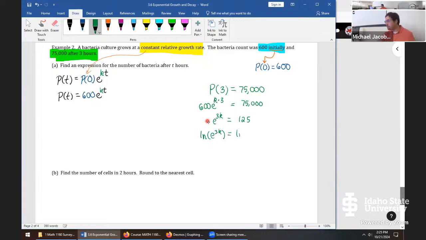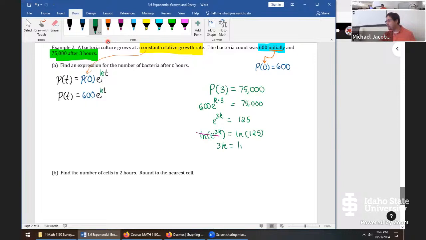We take the natural logarithm of the right side of the equation. And because these are inverse functions, whatever the base exponential has done to 3k, its input, the logarithm has totally reversed it. So in other words, that's a clean cancellation right there. And we've liberated the exponent, 3k.